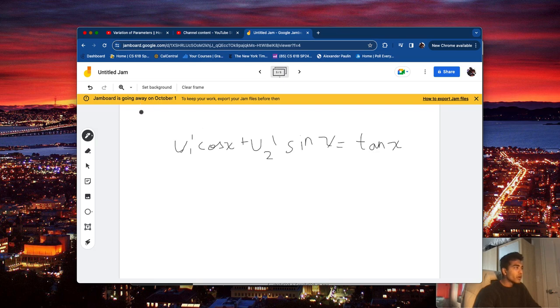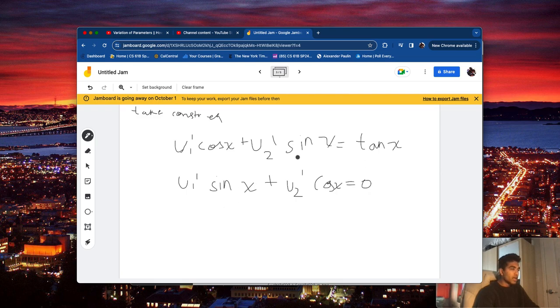Now next, what we're going to do is take the constraint equation and turn it into a simultaneous equation. So what was the constraint? It was u1 dash sine x plus u2 dash cos x is equal to 0.